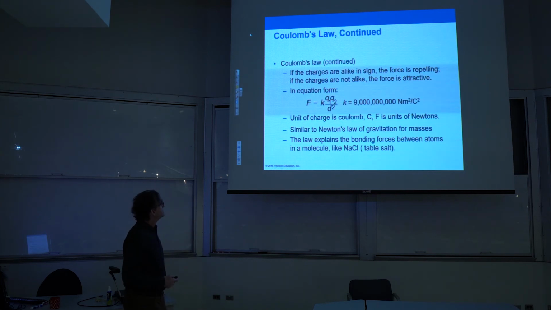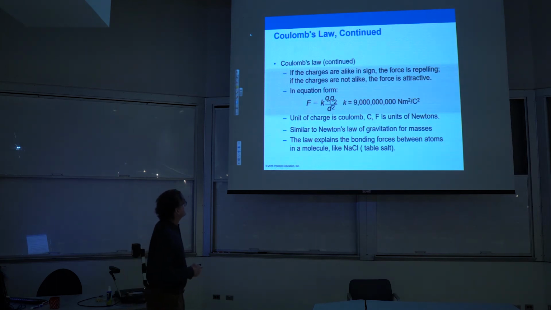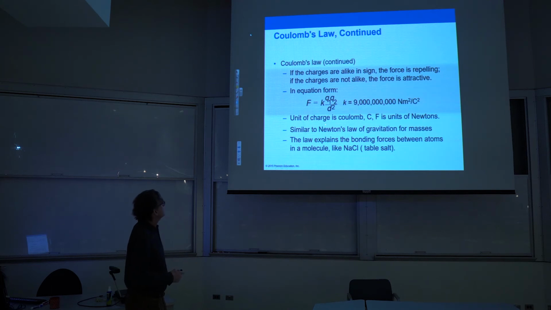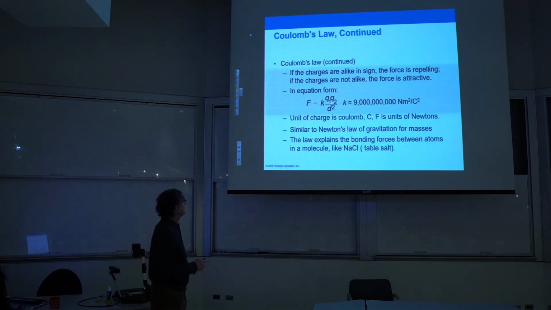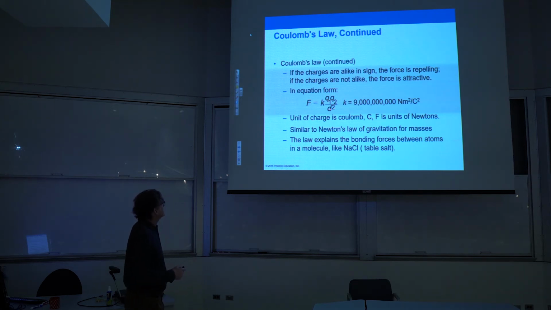That is a fact that has been quantified by Mr. Coulomb in his famous equation that says that the force between static charges can be written as the charge on the first object times the charge on the second object divided by the distance between them squared, times a constant k.